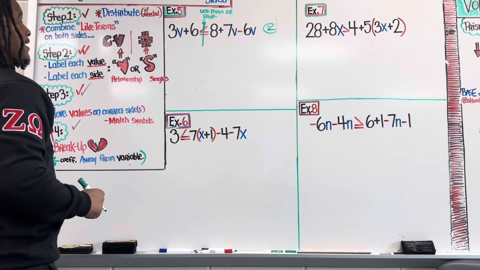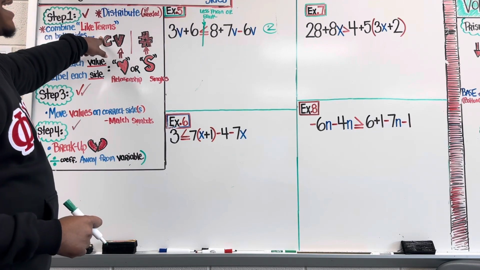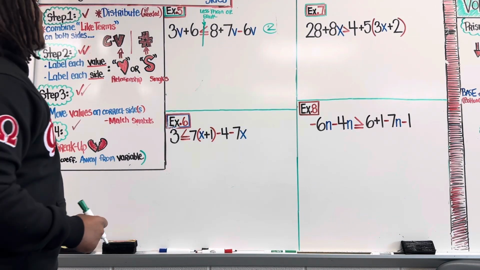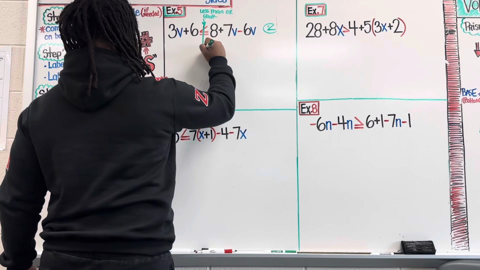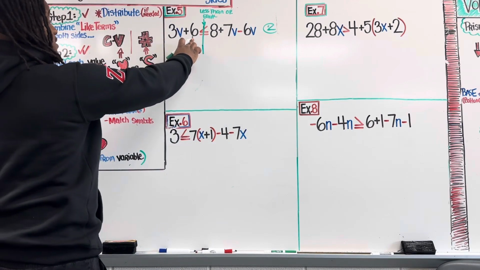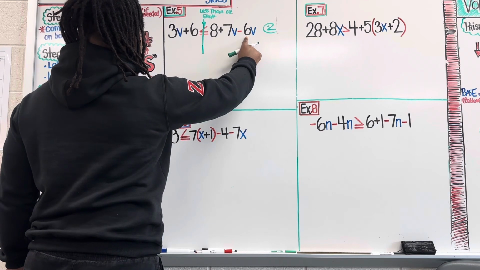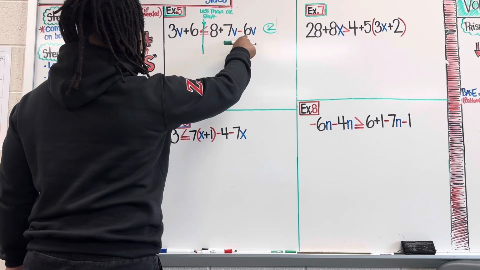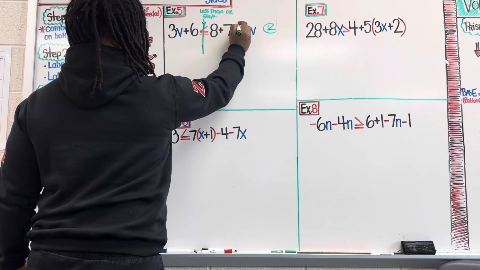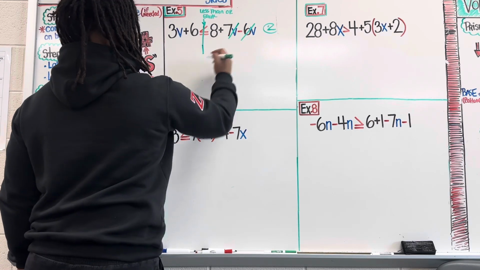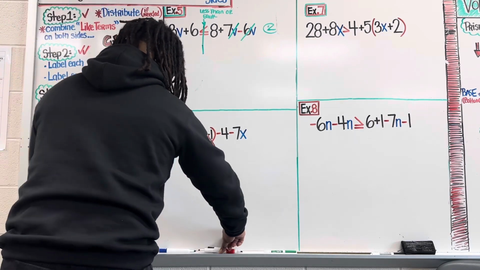We drew that line, and now we're gonna combine like terms on both sides. I cannot combine 3v with 6, but I can combine on this side 7v and negative 6v, which is 7v minus 6v, which is just 1v, or v. So I'm gonna rewrite this again.